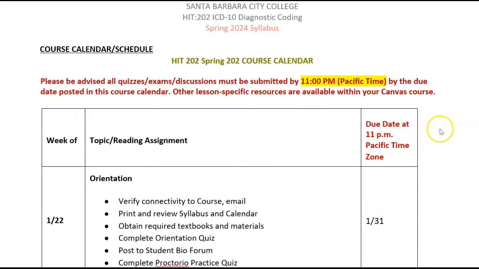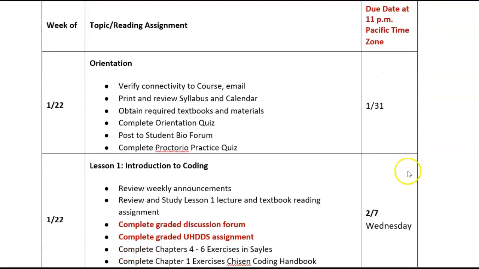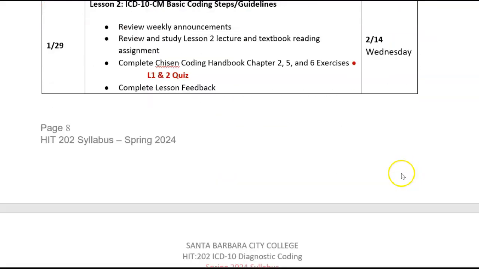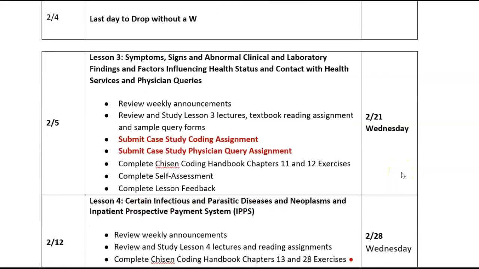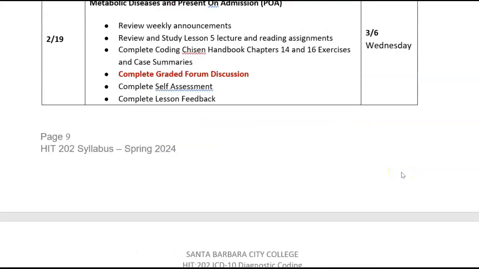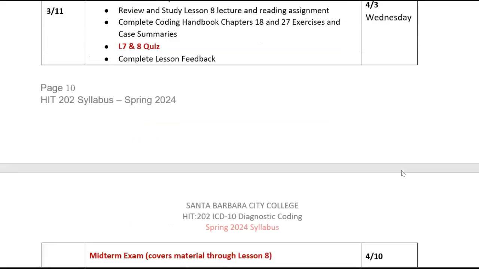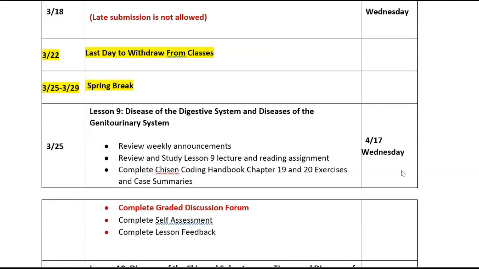And then lastly, I have the course calendar. One thing that's very important here is that discussions are all submitted by 11 p.m. Pacific time by the due date posted here in the calendar. All right, as you can see here as we move along, all the assignments are due on Wednesday by 11 p.m. So I would advise, we do have another area in the course itself that you can print off just the course calendar.